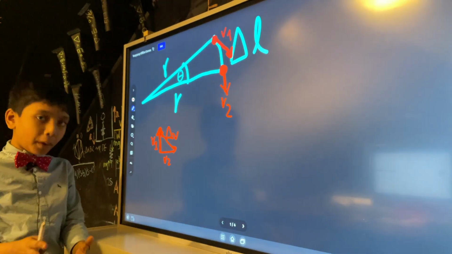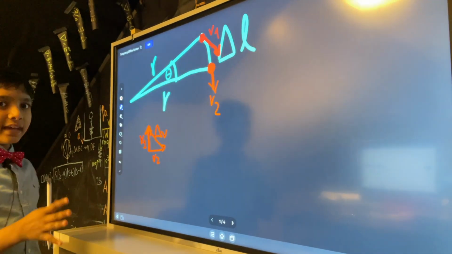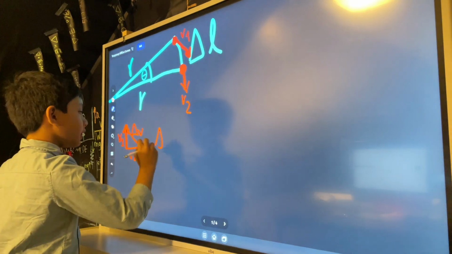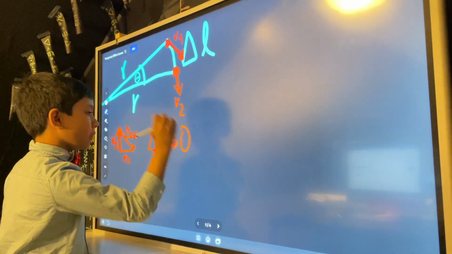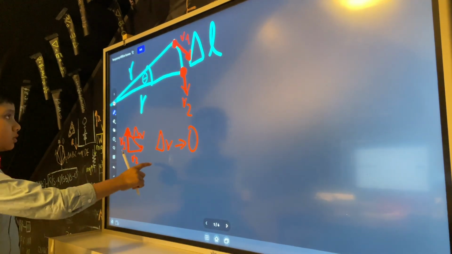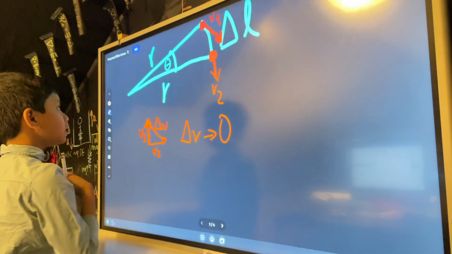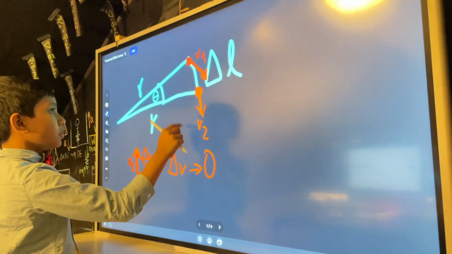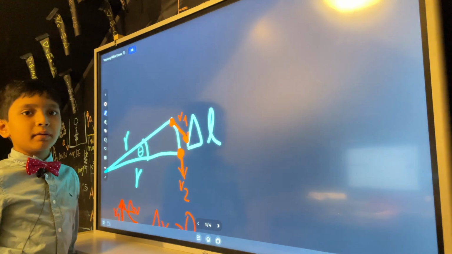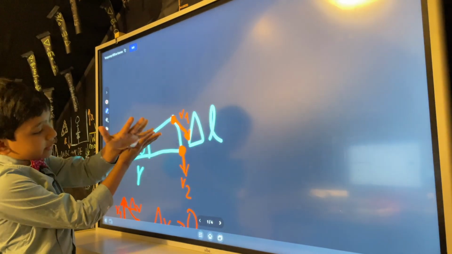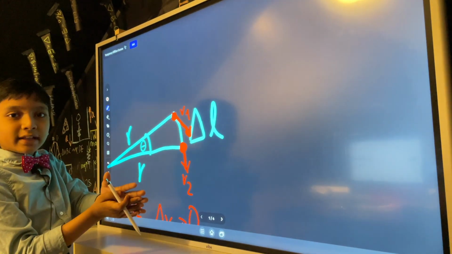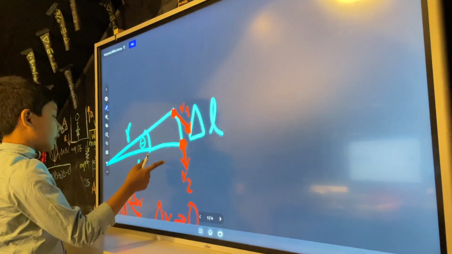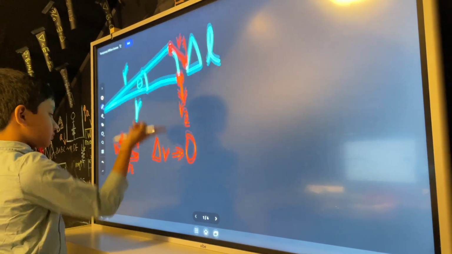But the thing is, delta V is gonna be quickly approaching 0. So, delta V is approaching 0. But that also means delta L will be approaching 0. As soon as V1 and V2 will have merged together, and there will be no difference if delta V is 0.